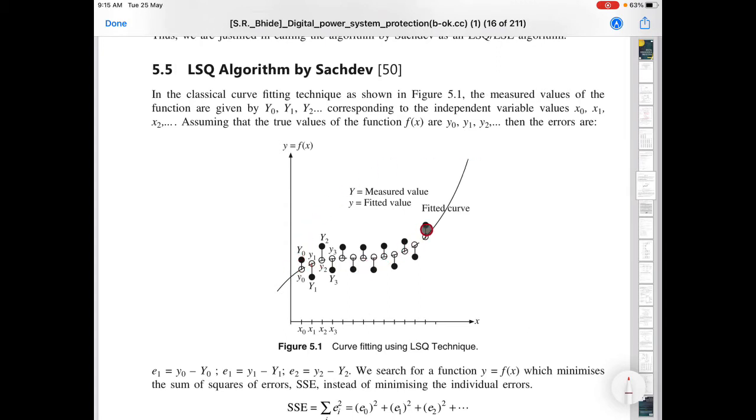You have taken a part of it. The actual value to be measured is small y naught, but you have measured capital Y naught, so there is some deviation. You wanted y1 at x1. So y is a function of x.